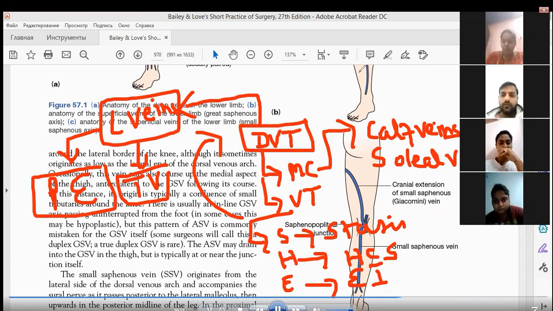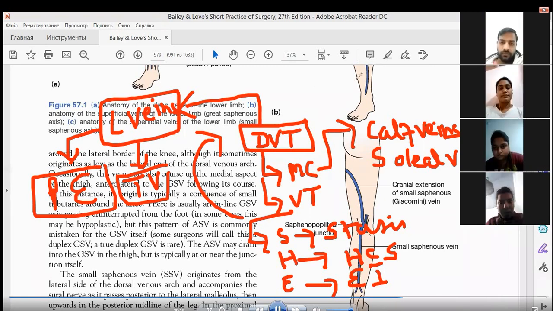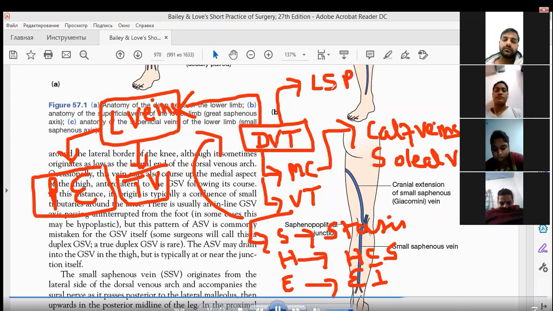And another point which you must remember here is that DVT is associated with long surgical procedures. Long surgical procedures can result in DVT. For example, major abdominal surgical procedures, major pelvic surgical procedures, orthopedic surgical procedures, all these long procedures can result in DVT.